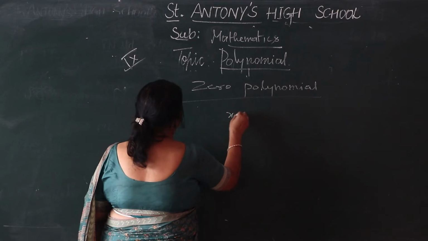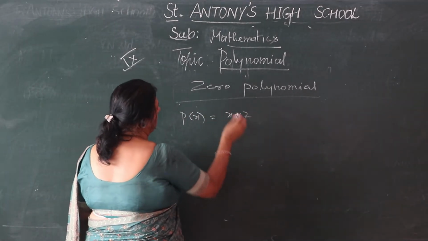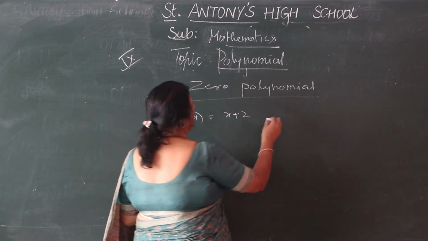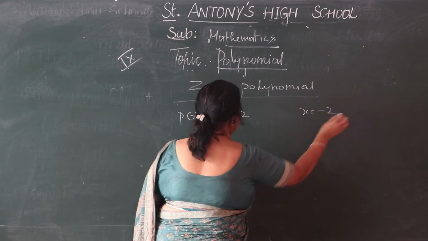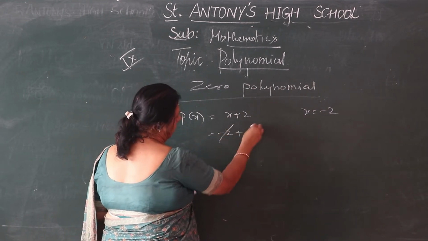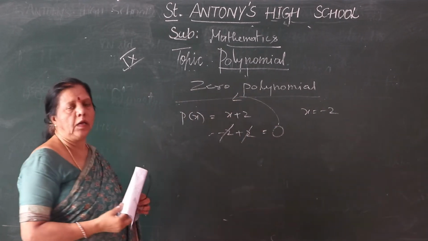So x is the variable, p(x) is equal to x plus 2. What are the values they have given? Suppose x is equal to -2. Here -2 plus 2, minus 2 plus 2, is equal to 0. That is a zero of the polynomial.